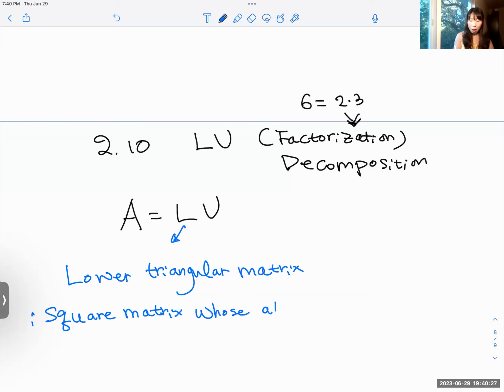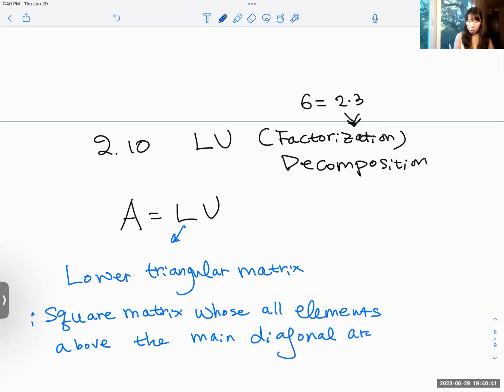A lower triangular matrix is one whose entries above the main diagonal are zeros.